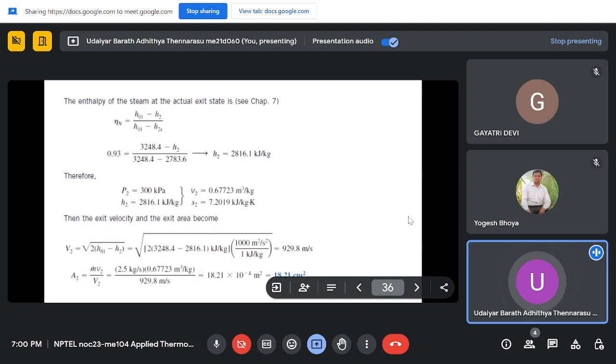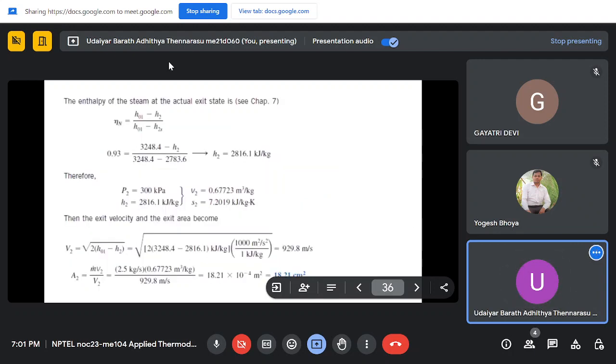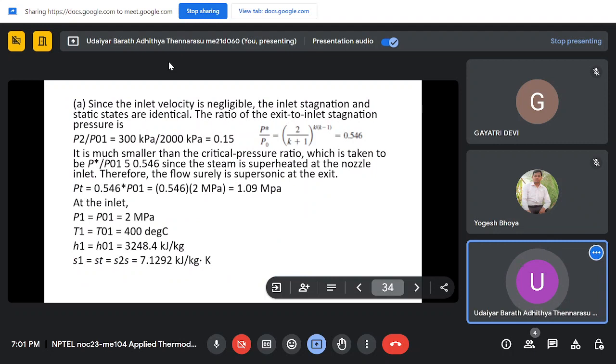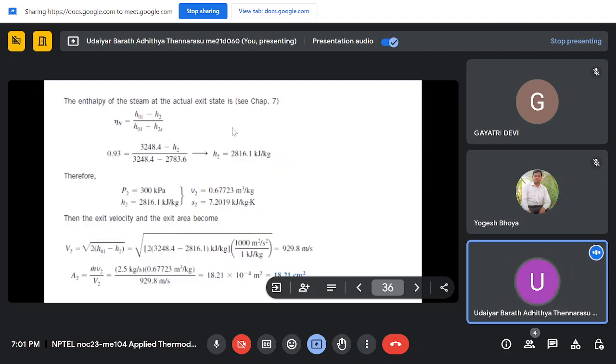That was the enthalpy of the steam, assuming it expands isentropically. We know from the problem that the overall nozzle efficiency is 93%. The nozzle efficiency is defined as the stagnation enthalpy at state 1 minus the enthalpy at state 2, divided by the enthalpy at state 1 minus the enthalpy at state 2s, assuming isentropic flow.